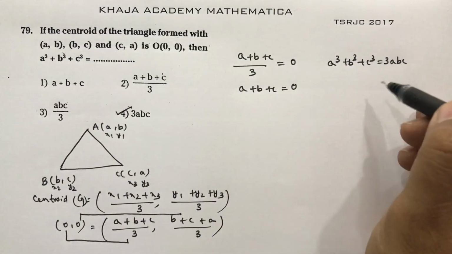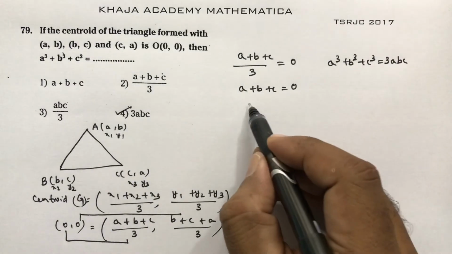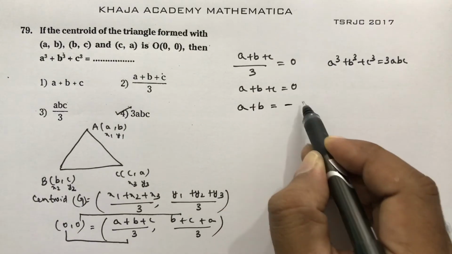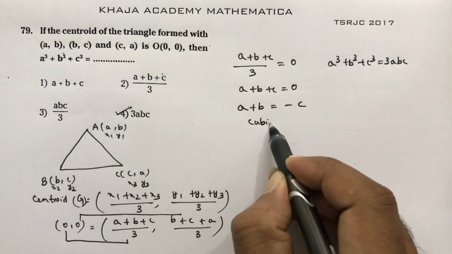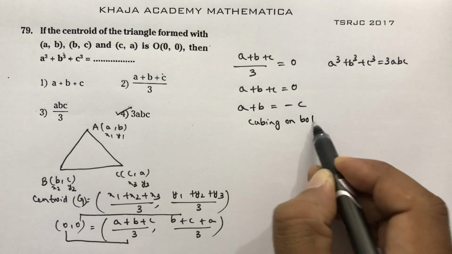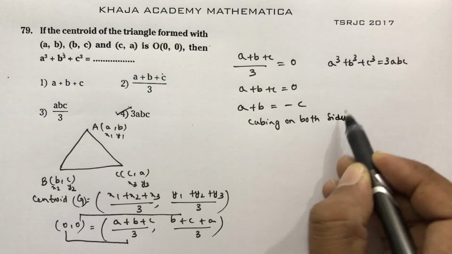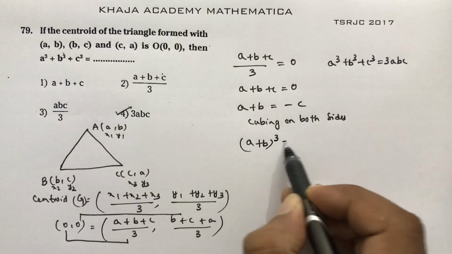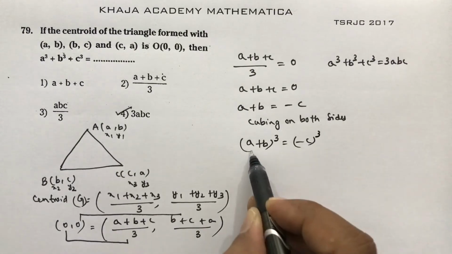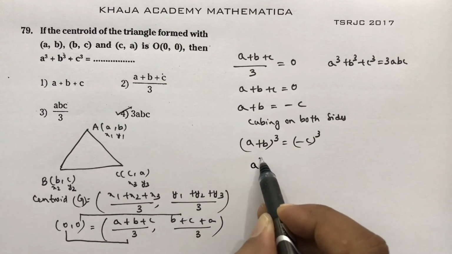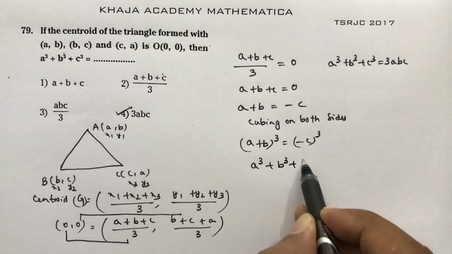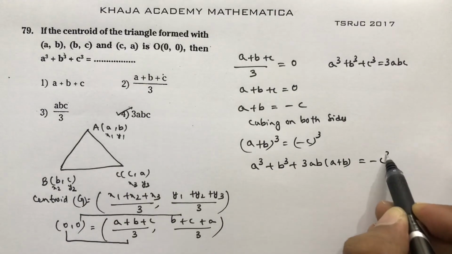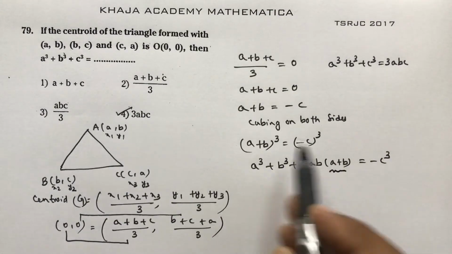This proof we have in class 9, but I'll explain now. See, if a plus b plus c is 0, so a plus b you can write as equal to minus c. Then do cubing on both sides. It's an identity you can use, but I'm just proving it like that. So a plus b whole cube is minus c whole cube. The a plus b whole cube formula is a cube plus b cube plus 3ab into a plus b equals minus c cube. What is the value of a plus b?